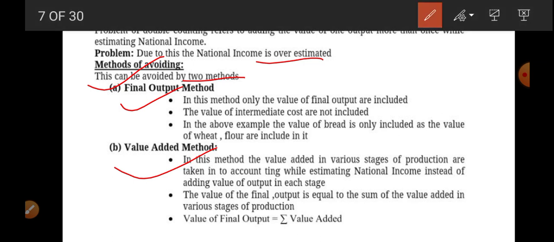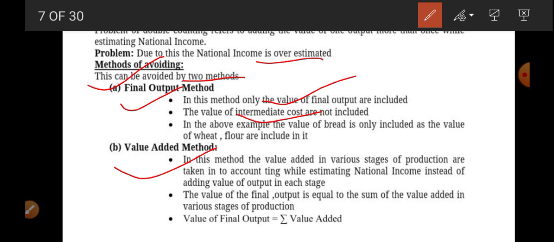So in this method only the value of final output is included. The value of intermediate cost is not included, like the price of wheat that is paid by the flour mill, and the price of flour for the baker, who paid 120 for the flour. So it will be excluded.